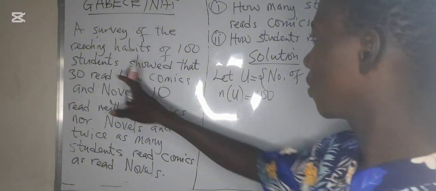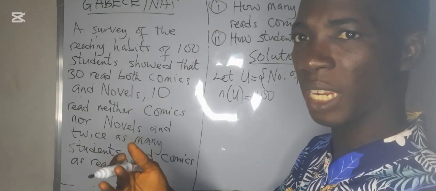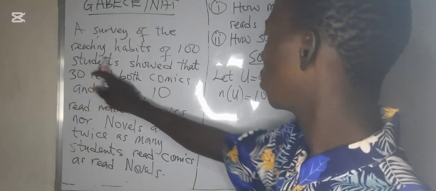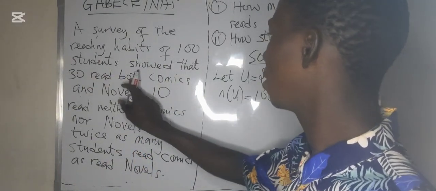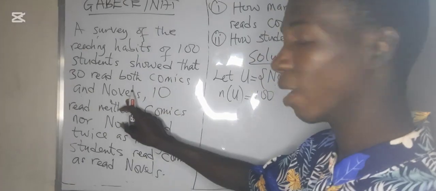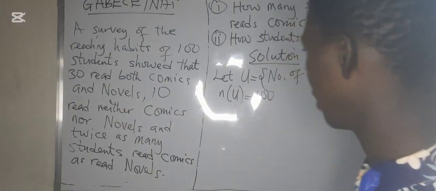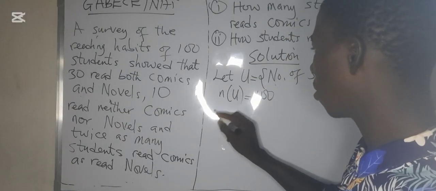Now again, as you are reading, you interpret it. It is shown that 30 read both comics and novels.